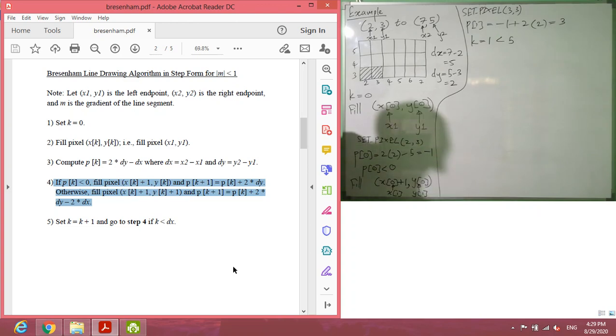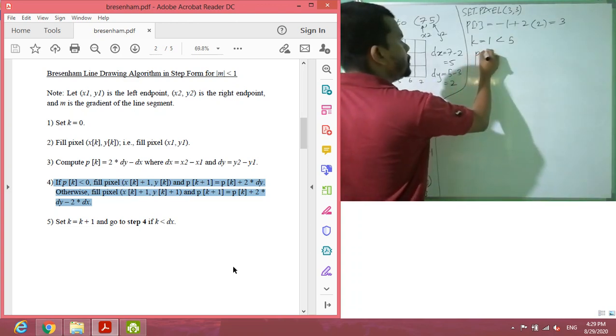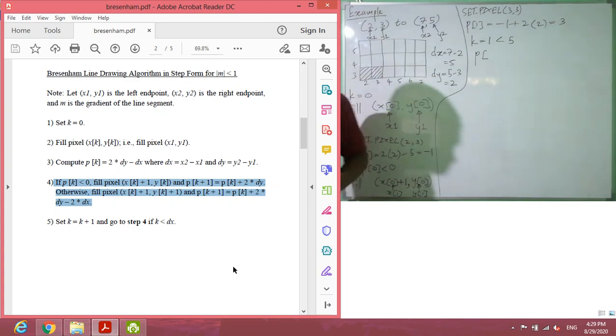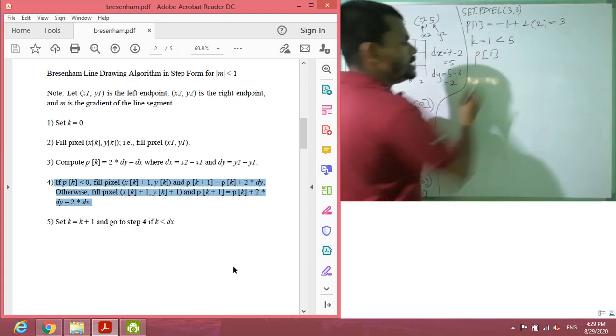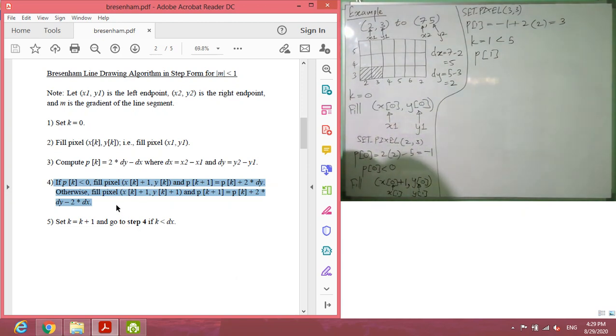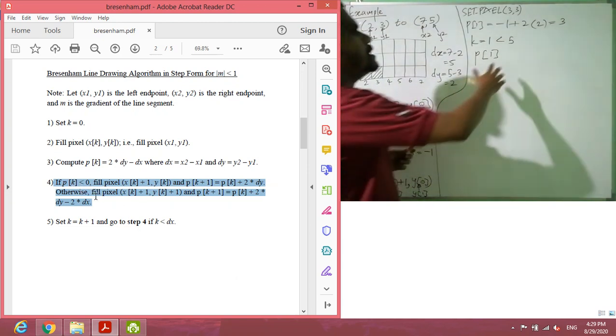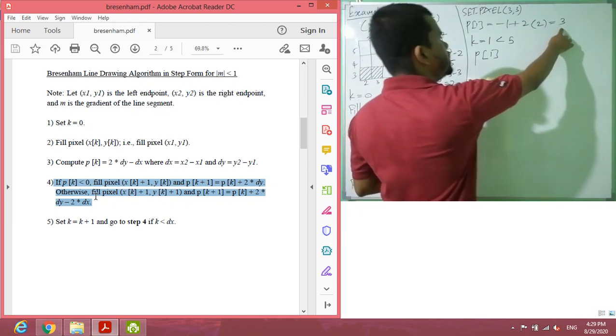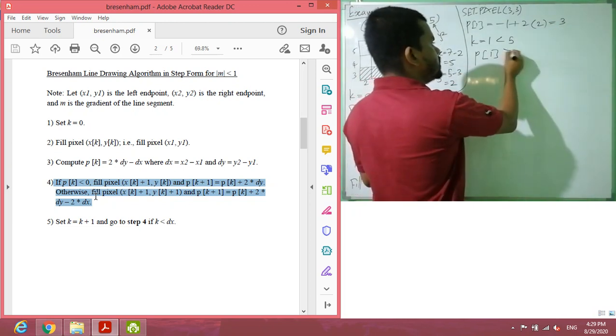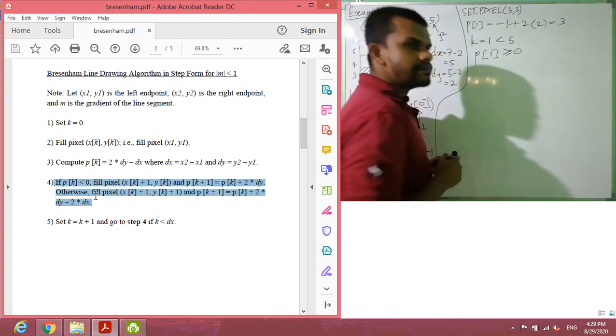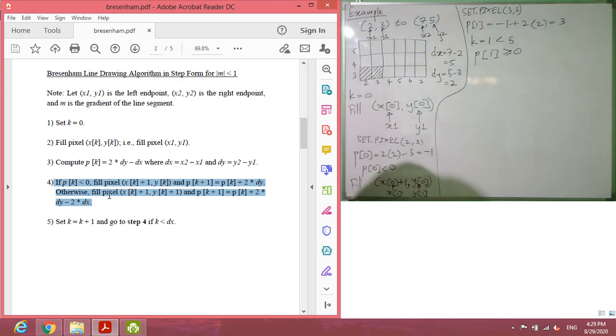Then we check whether p k, now k value is 1. No, it is not less than 0. P1 value is greater than or equal to 0. Therefore we have to execute this part. Understood?